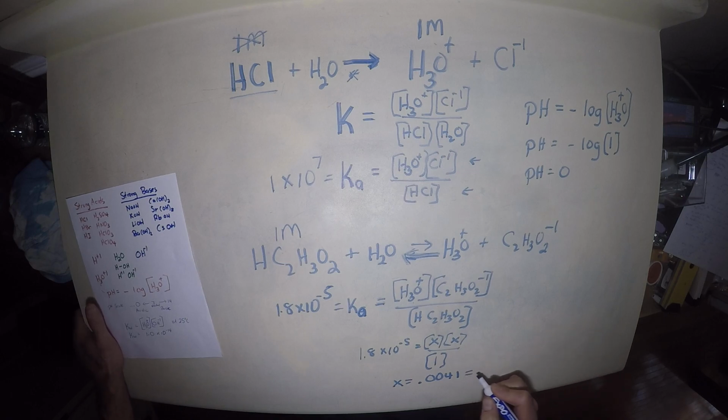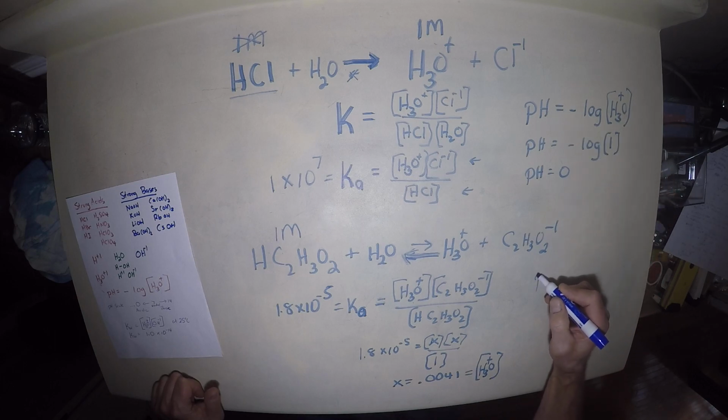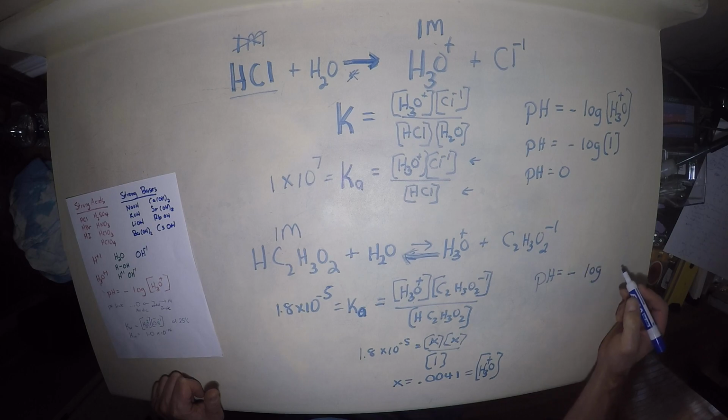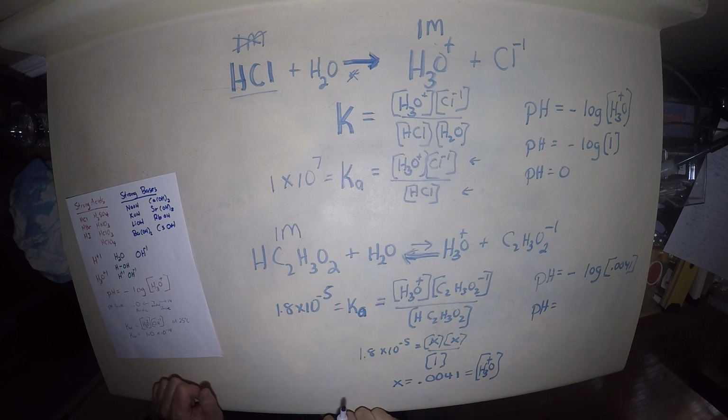And that would again represent the molarity of both the acetate and the hydronium. And for this, we're really interested in the molarity of the hydronium because that'll allow us to get to pH. So the pH here is going to be the negative log of hydronium, which in this case is 0.0042. And giving you 5 seconds, if you plug that in correctly, you should get a pH of about 2.39.